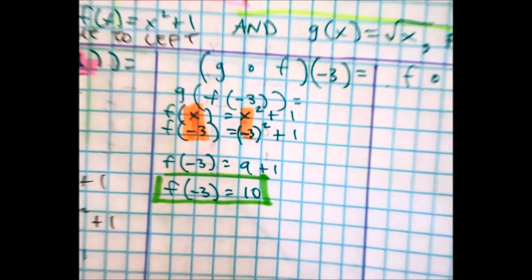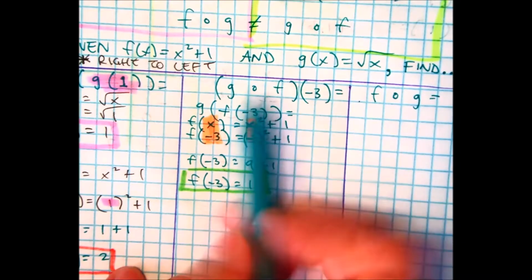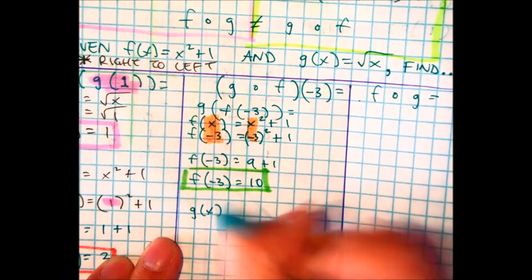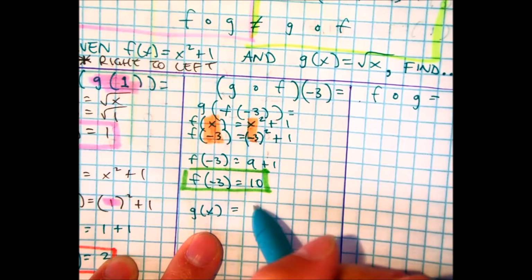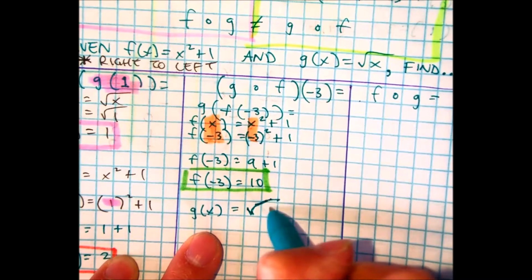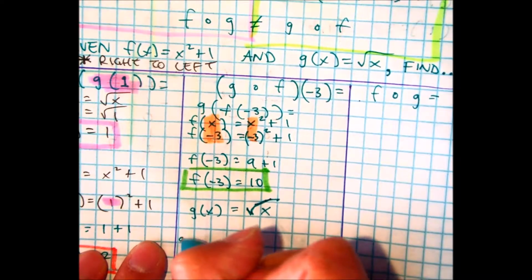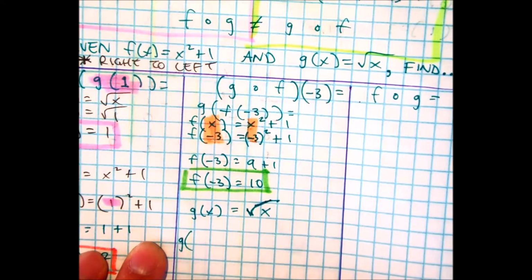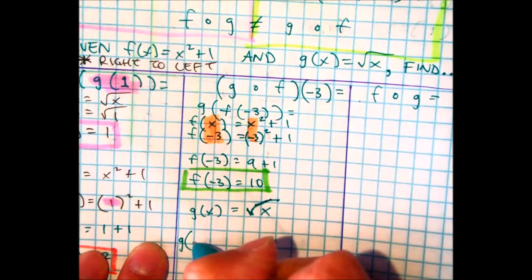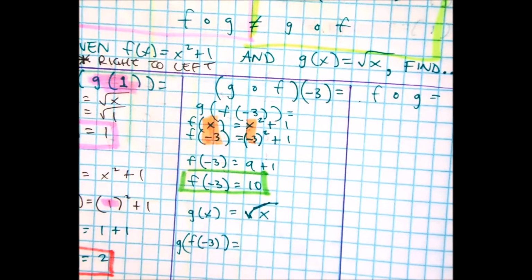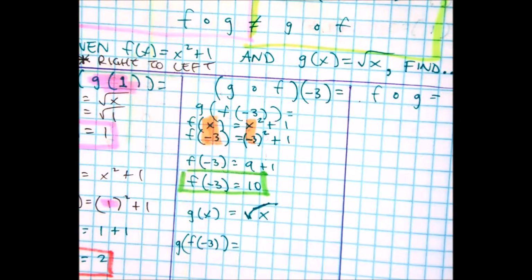Okay. Now what function are we going to work with? We just did f, now we're going to do g. G of x equals the square root of x. That's my square root. Now, for every x value, we're going to replace that with f of -3. Let's use my highlighter.